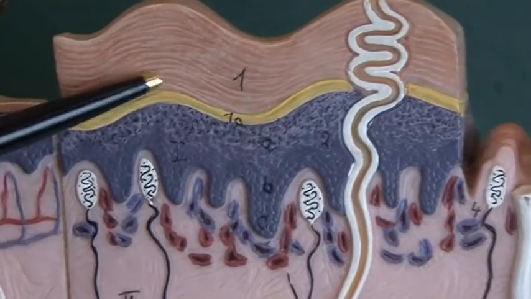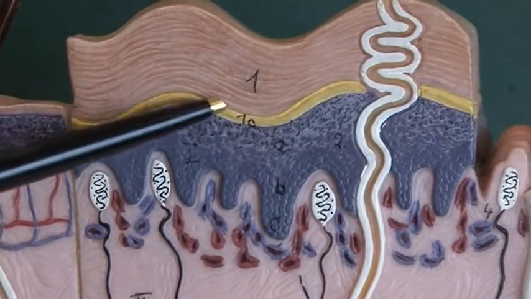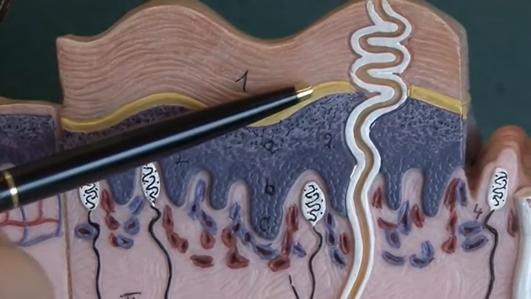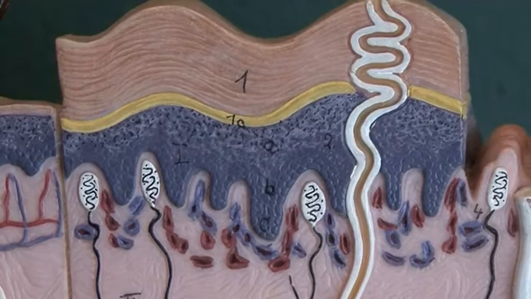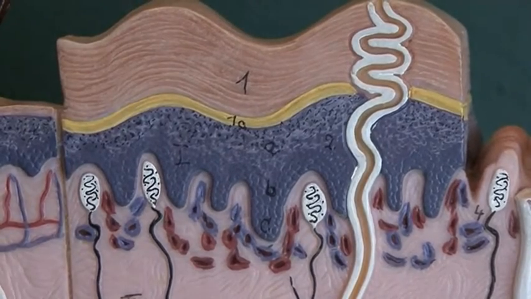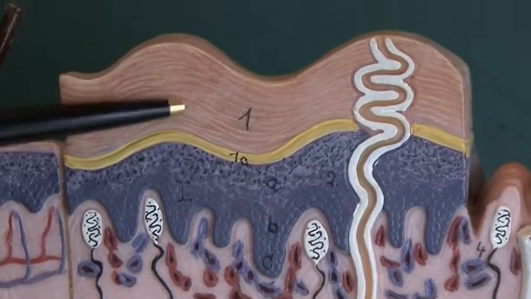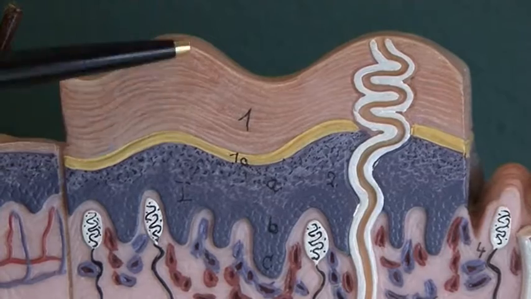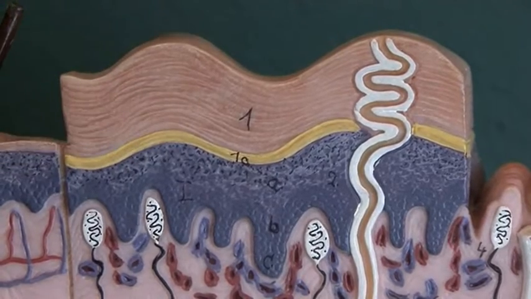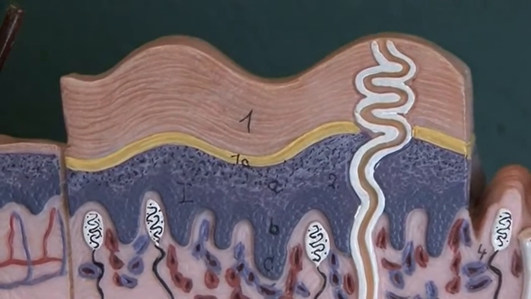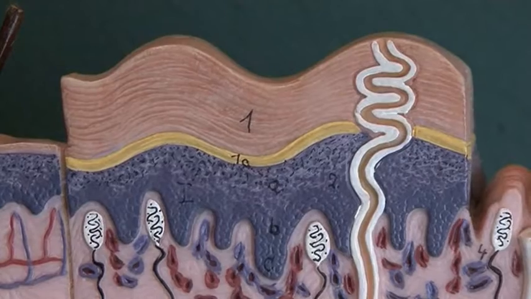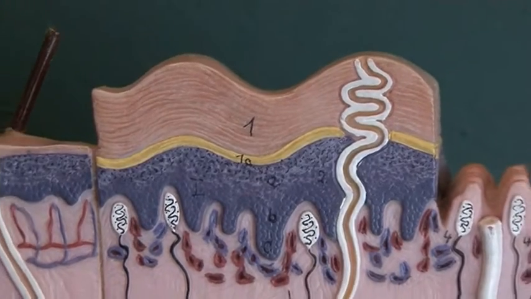Then this yellow bit here would be the stratum lucidum, the lucid or the translucent layer, and then the stratum corneum, the horny layer above here. And finally the cells will be sloughed off the surface, the layers of the epidermis.